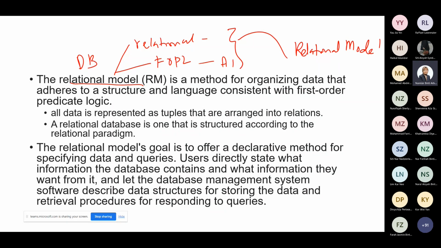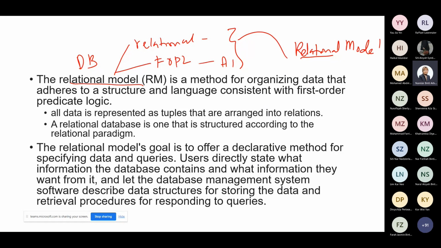In that relational theory, they form the data in a matrix and in a set of relations. All data is represented as tuples arranged into relations, and a relational database is one that is structured according to the relational paradigm.